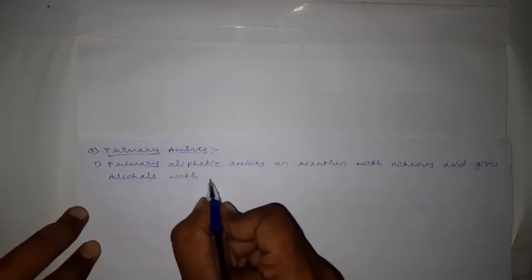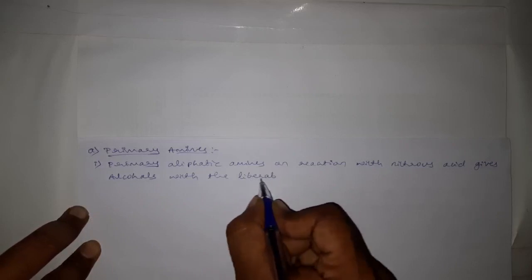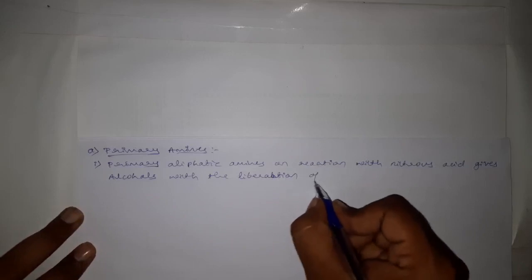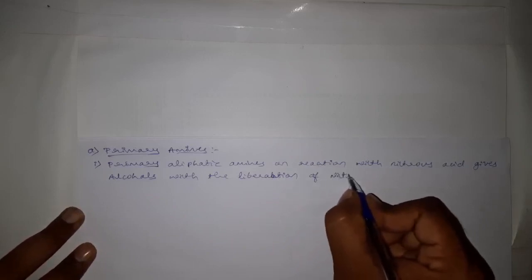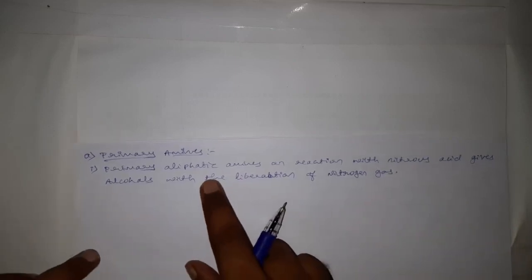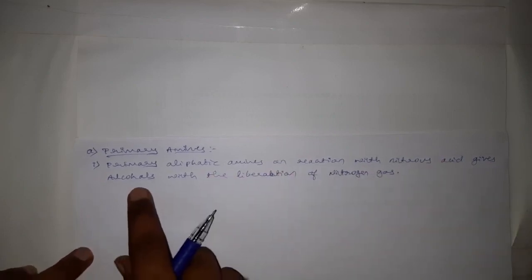They will give alcohols with the liberation of N2 gas, that is nitrogen gas. See, when primary aliphatic amines are there, after the reaction with nitrous acid, they will give alcohols.